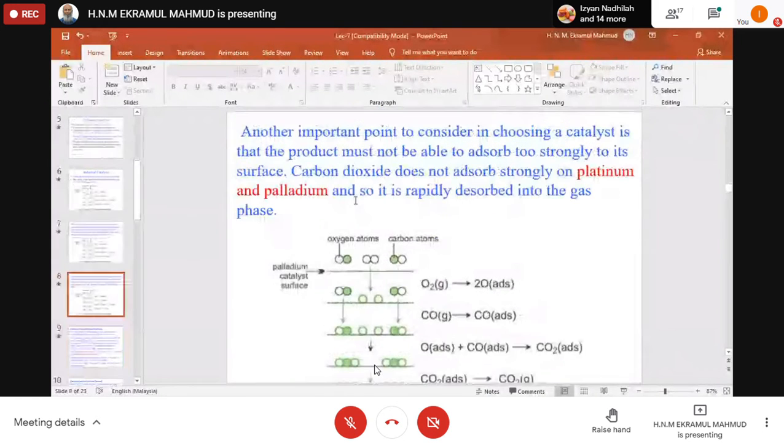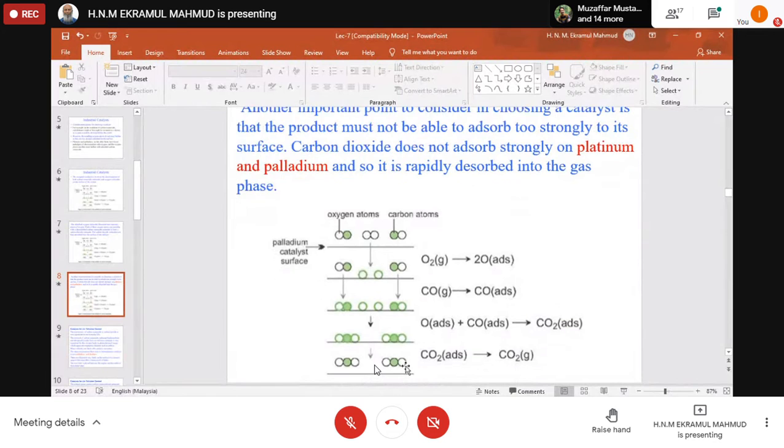Another important point to consider in choosing a catalyst is that the product must not adsorb too strongly to its surface. That is what we discussed, products should not be strongly adsorbed on this surface. Once formed, they leave, and give room for others, right?